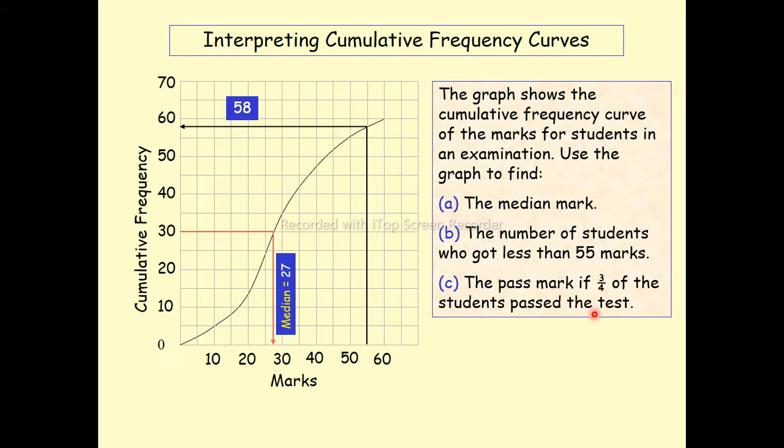In total, 3/4 of the students. The cumulative frequency at the end tells us how many students there are. So in total we have 60 students. That's what we've got.